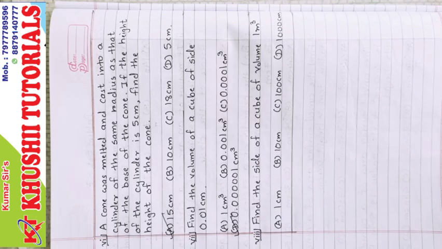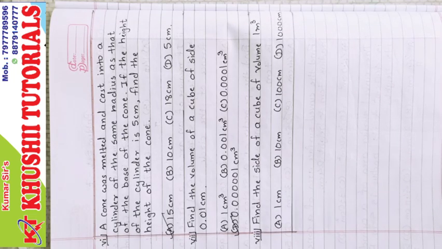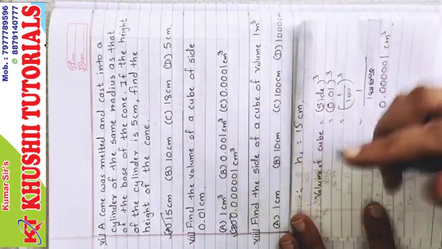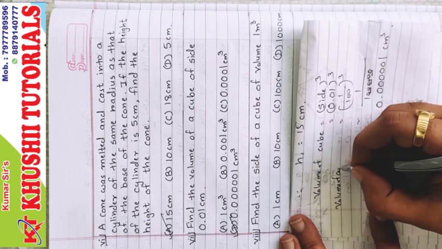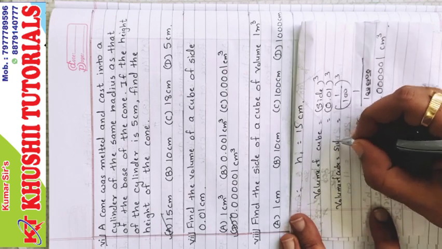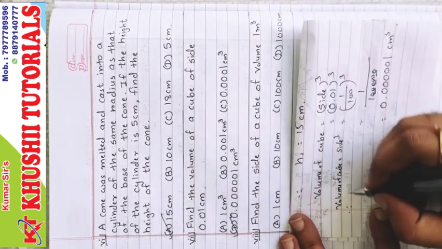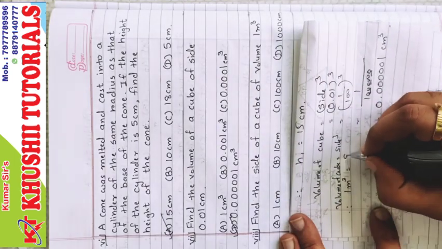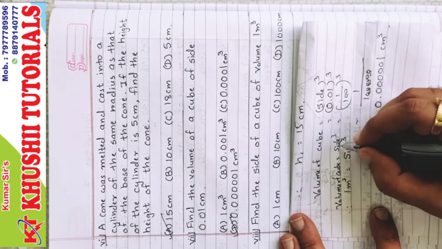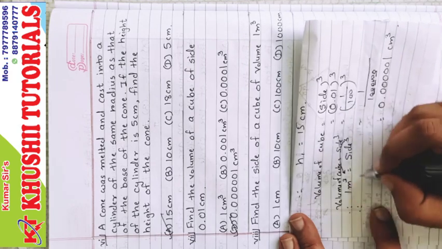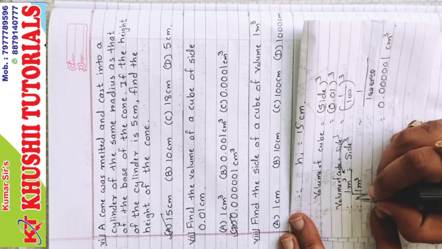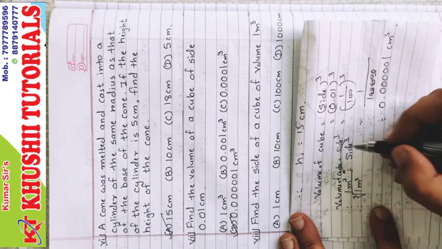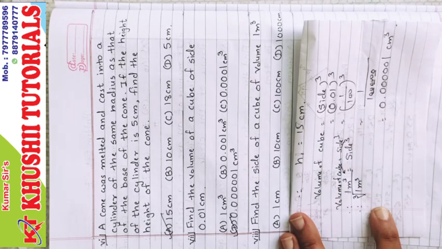The next: find the side of a cube of volume 1 meter cube. Volume is given. Again volume of cube equals side cube. Volume is given, 1 meter cube equals side cube. Cube will come on this side. When cube changes its side, it becomes cube root, because when square comes on this side, it turns into square root.